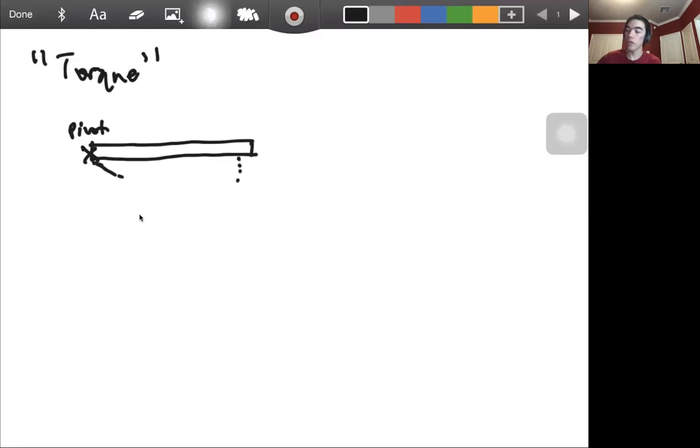So how do you determine how the door moves? Well, from real life experience, if you push at the door near the pivot, it's going to be very hard to open the door. But if you push at the door near the edge, the door swings open more easily.